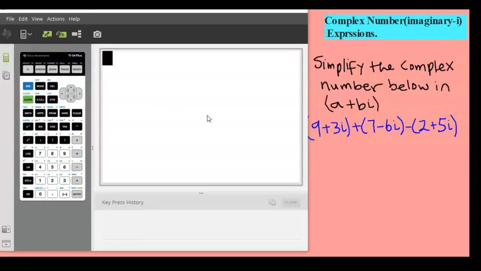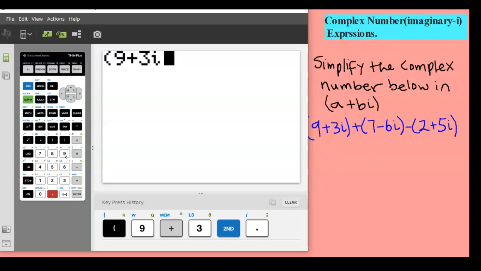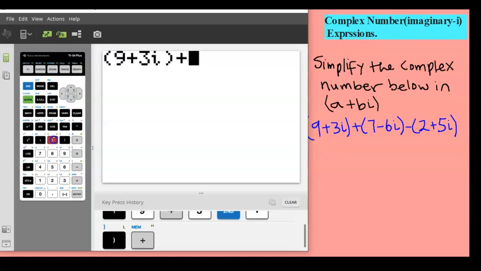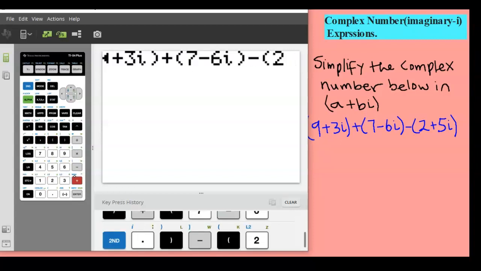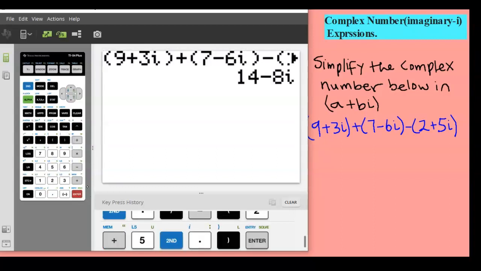Okay, so we have another expression that we would like to simplify into a plus bi. We grab our TI-84, go to parentheses, type our 9 plus 3i, close, plus open 7 minus 6i, close it, minus open 2 plus 5i, and we close it, then we enter, and boom, you see, we make it much easier.